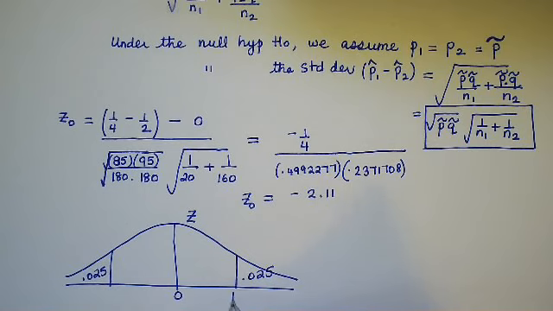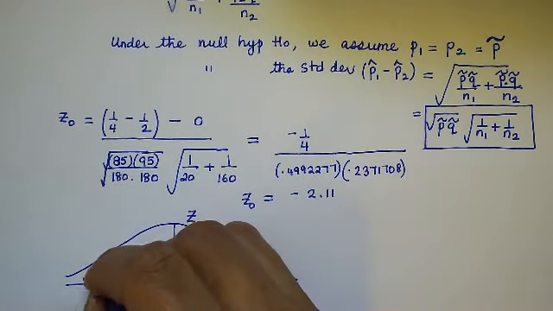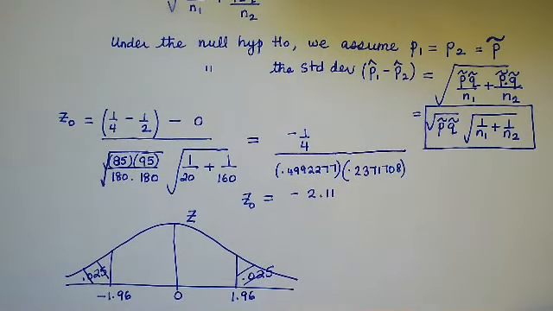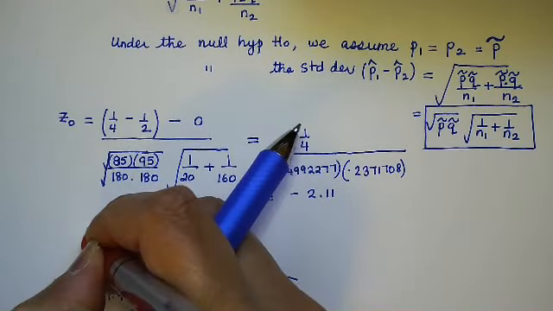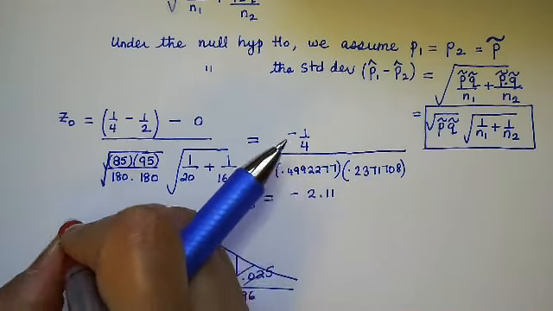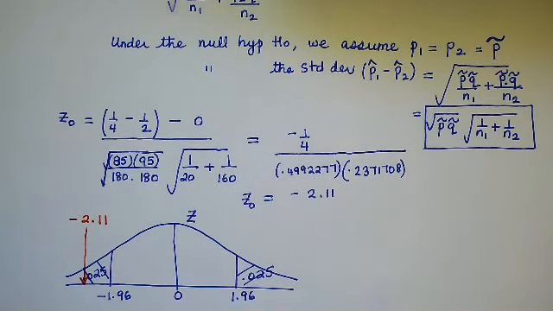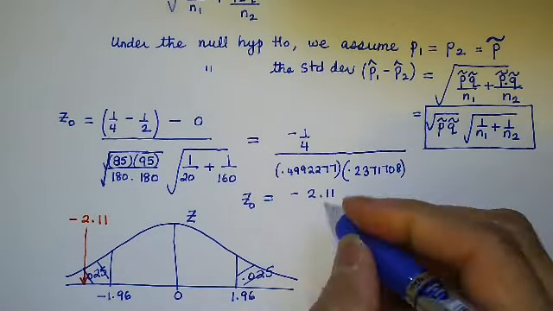I go to the bottom of my T table and I pick up from the Z row the critical values, which are 1.96 and minus 1.96. I looked under the column 0.025. So these are my 2 rejection regions.